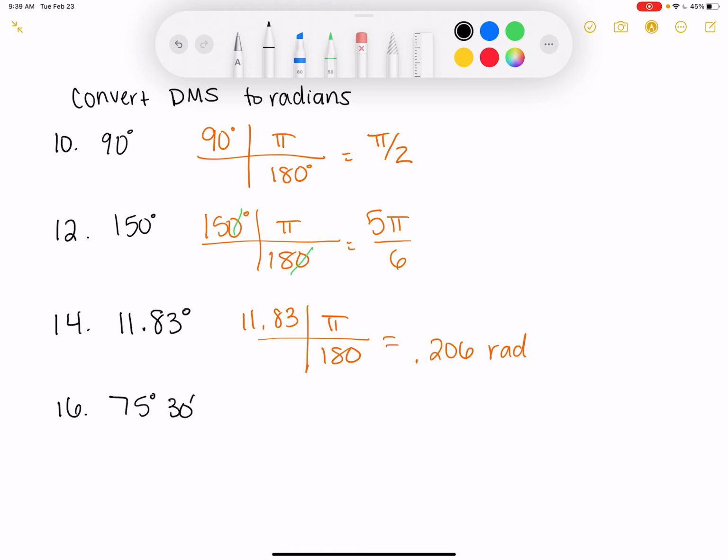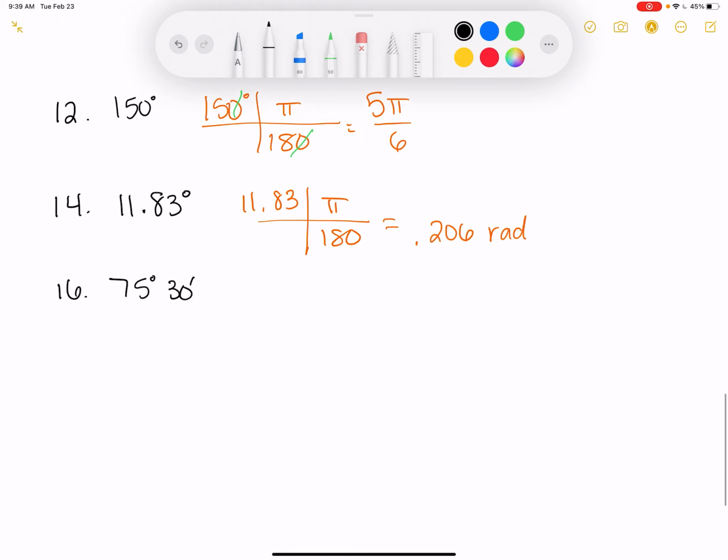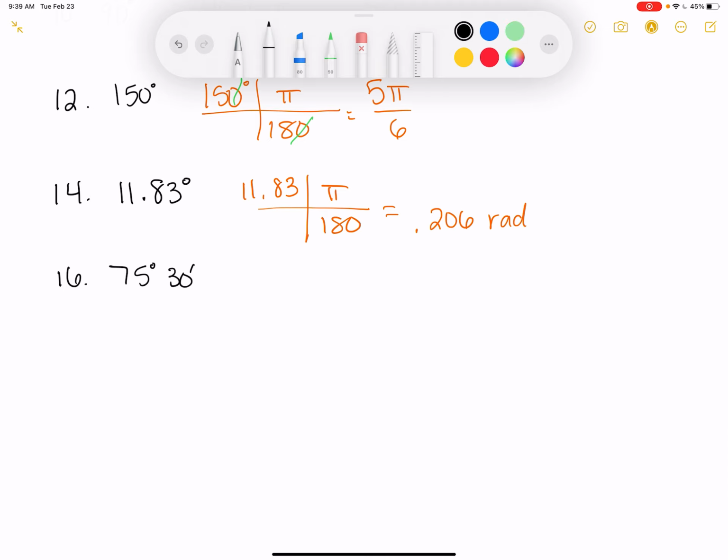75 degrees, 30 minutes. Convert the minutes to degrees. So, converting the 30, how do I do that? You divide by 60, which is just 0.5.